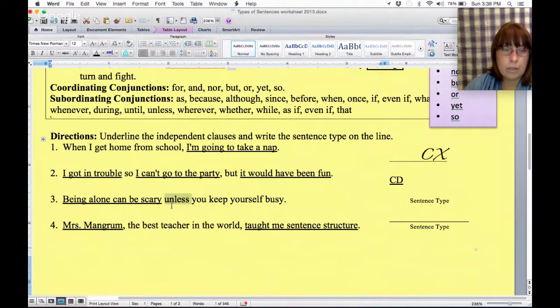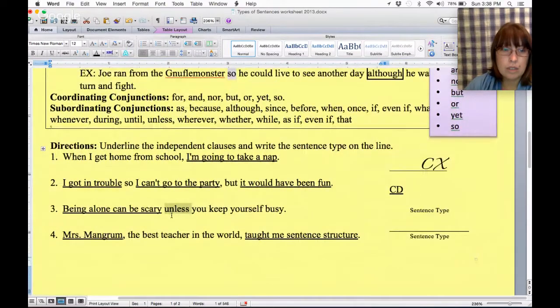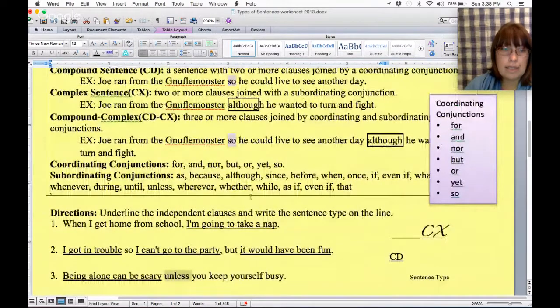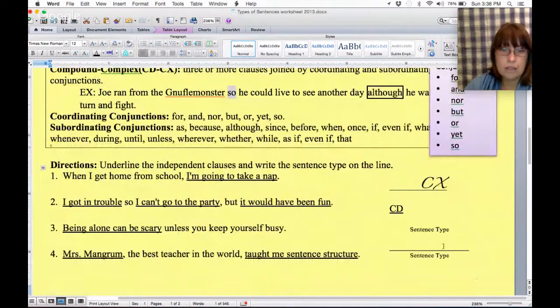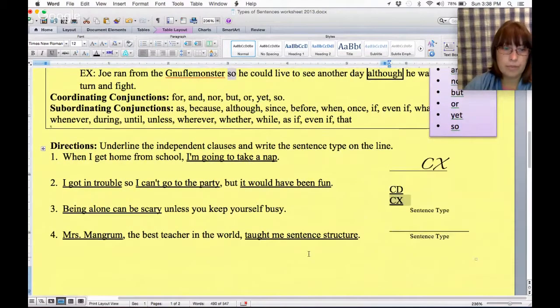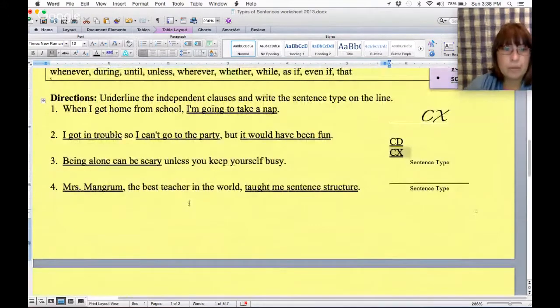So we have a subordinating conjunction and an independent clause. So that is a complex sentence. See, looking right here. Subordinating conjunction. All right, so then we put right here where I forgot to draw in the line for you, CX. Okay, now go ahead and do number 4. Go ahead and try that on your own.